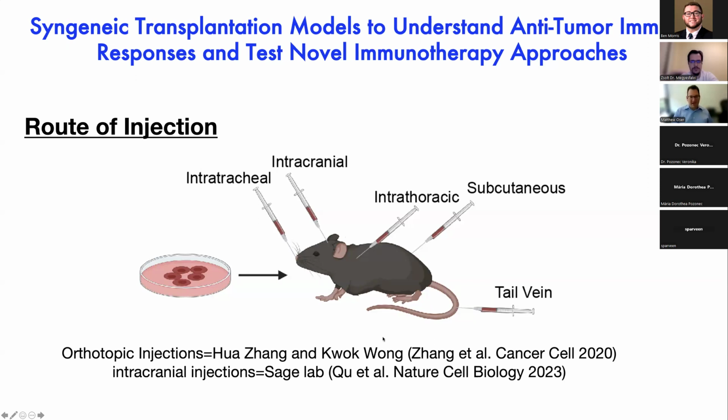Hua Zhang and Kwok Wong developed an intrathoracic injection approach where they could grow these in the lungs to really recapitulate the lung microenvironment of tumors. And then Julian Saja's lab did intracranial injections to study how the brain tumor microenvironment may modulate small cell tumor formation.